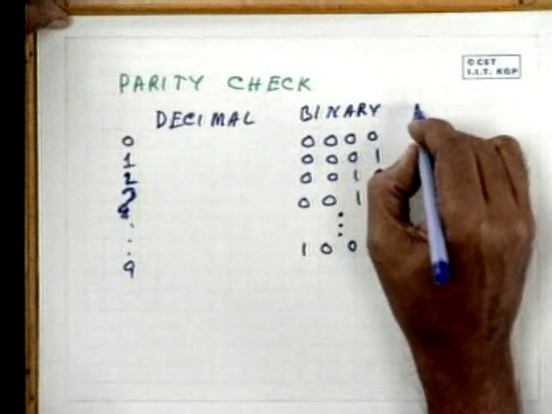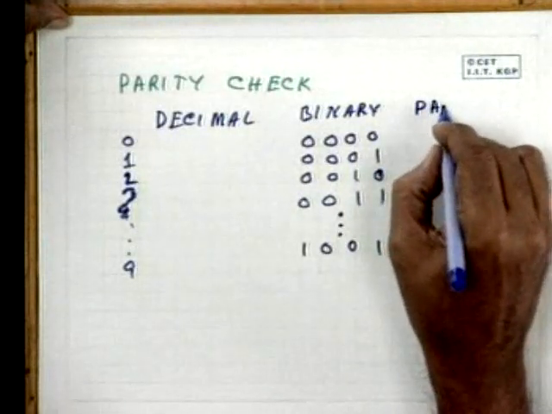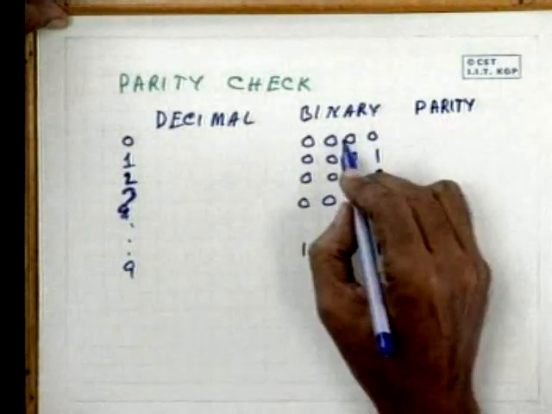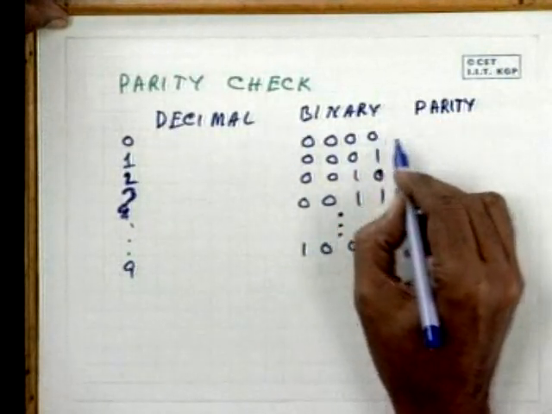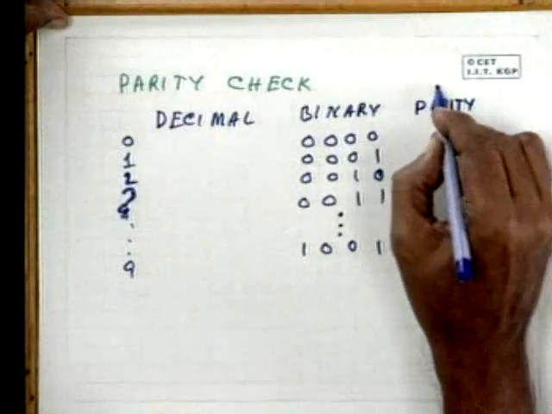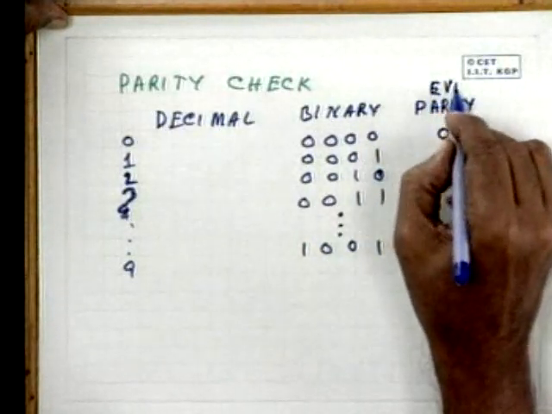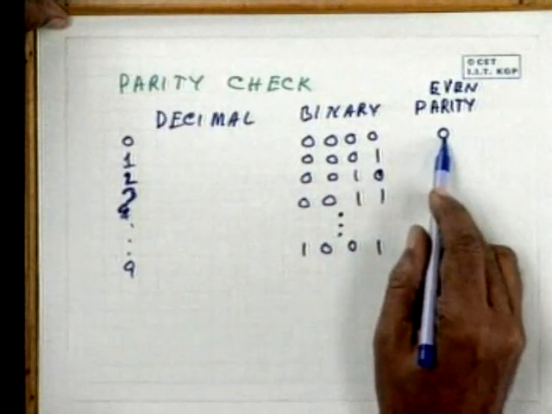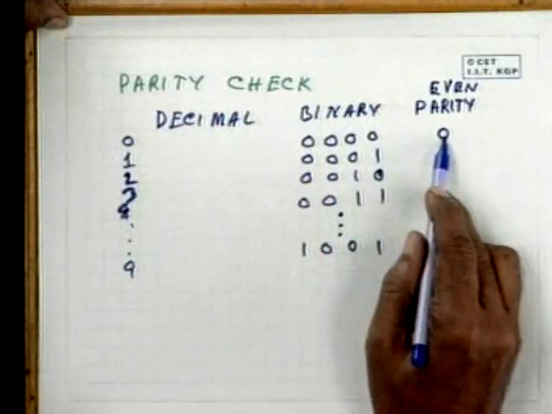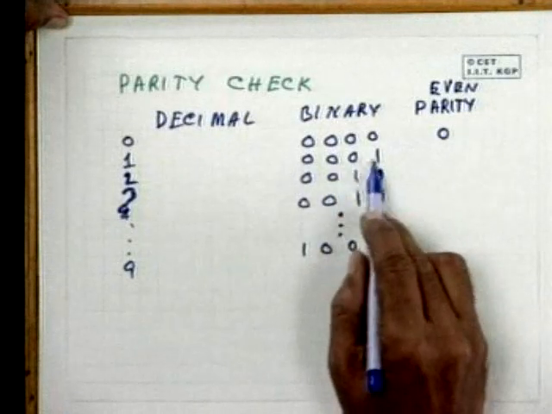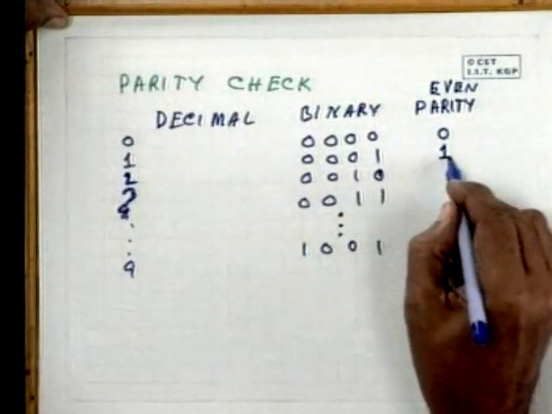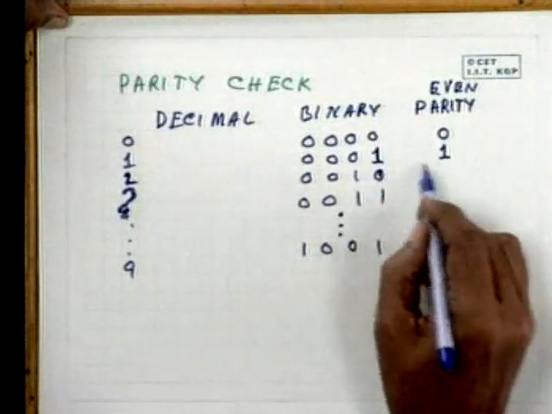Now an additional bit, which is known as parity bit, is used so that the total number of ones is even, and we call it even parity. So in this case, if you add 0, total number of ones remains 0, which is even. In this case, there is only one 1, so you have to add another one to make the total number of ones even.